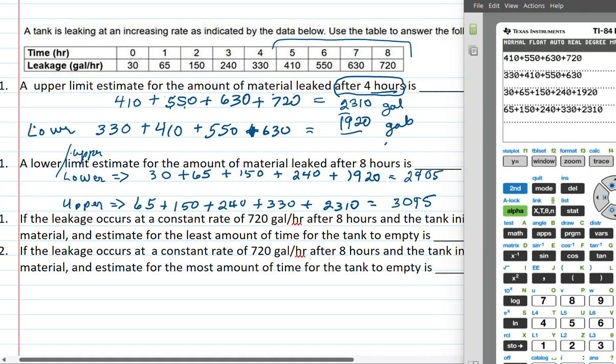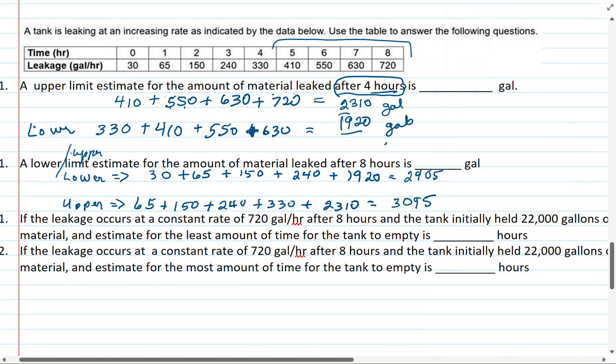All right. So I have the lower and the upper total gallons lost, and it gave us these 2 problems.